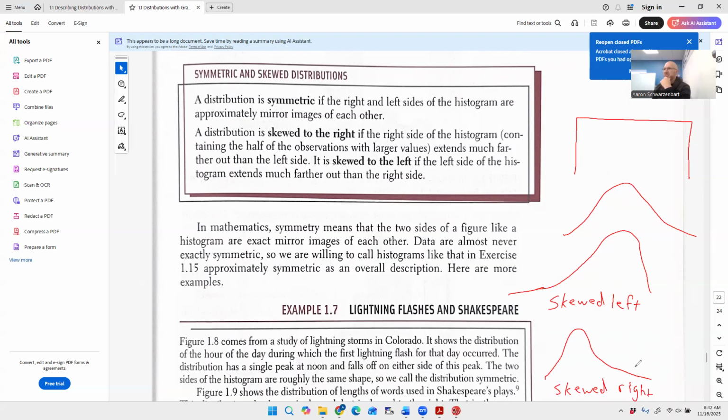Basically, what it means is your big chunk of your data is here, but the stuff that's further away is pulled towards the left. You will need to be able to identify those shapes from histograms and stem and leaf plots and dot plots.